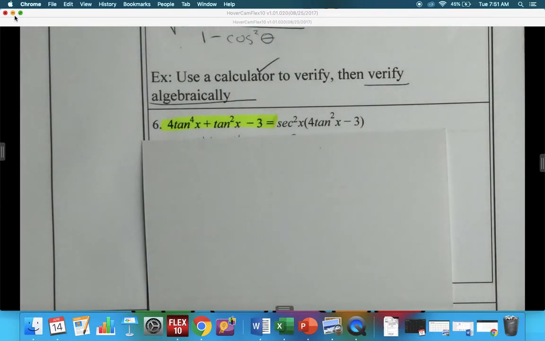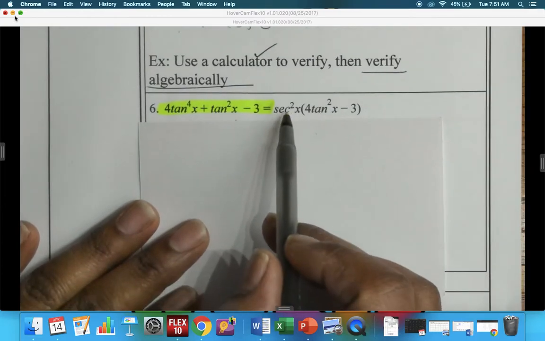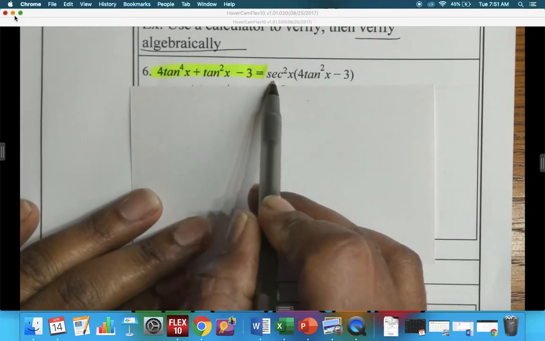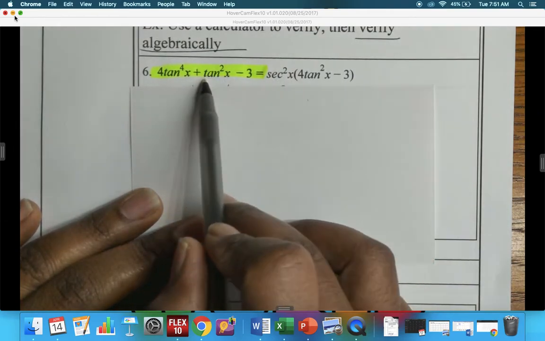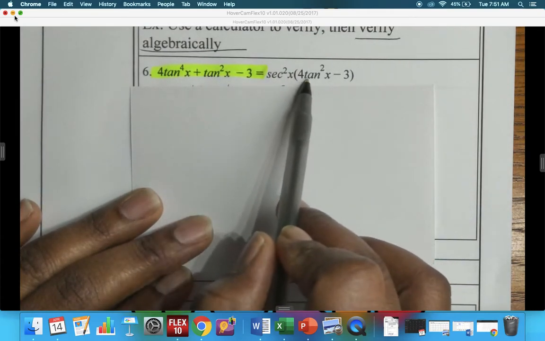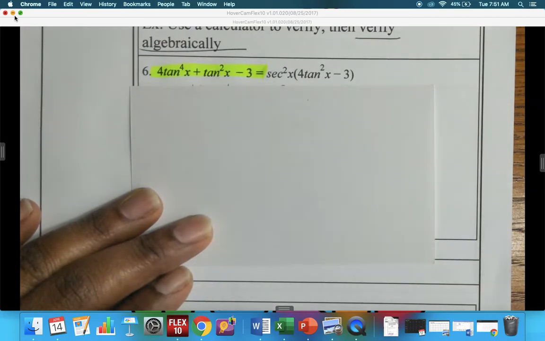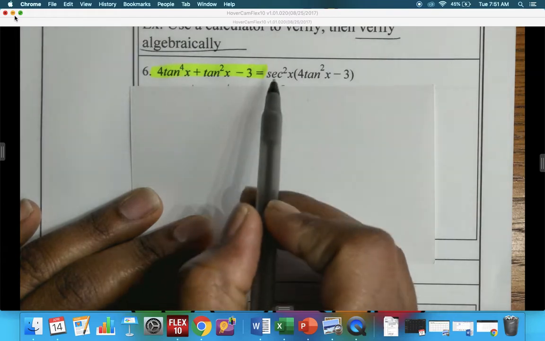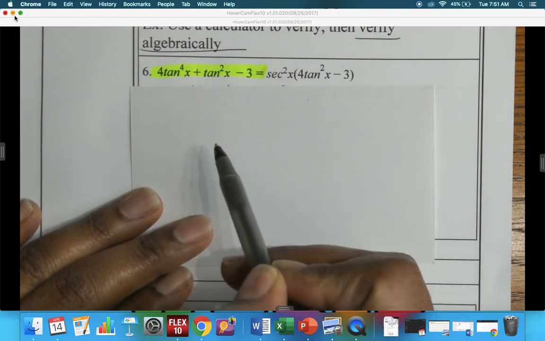So if we look at the right side, I have secant squared times 4 tan squared minus 3. Secant squared is the only kind of difference here. I have a 4, I have a 3. You know, the sign is not the same, but we can hopefully adjust that in the end. What I want to do is take this secant squared and take it out and replace it with a trig identity.